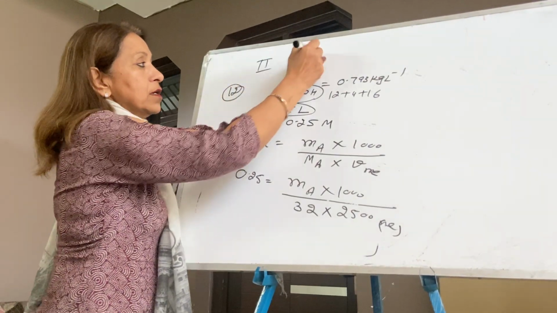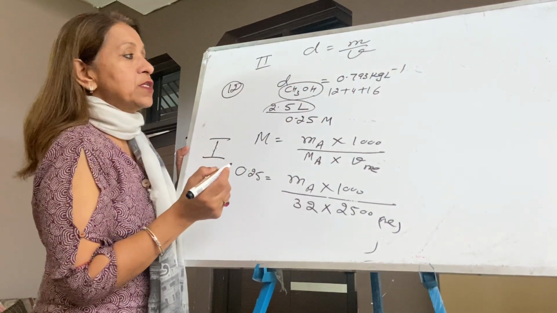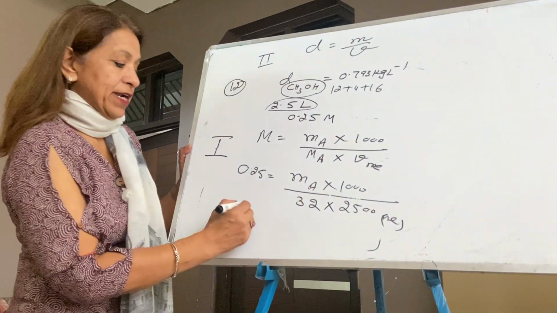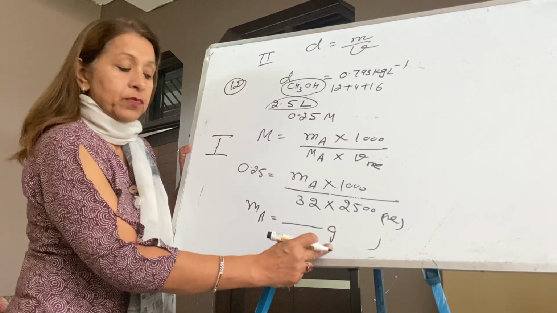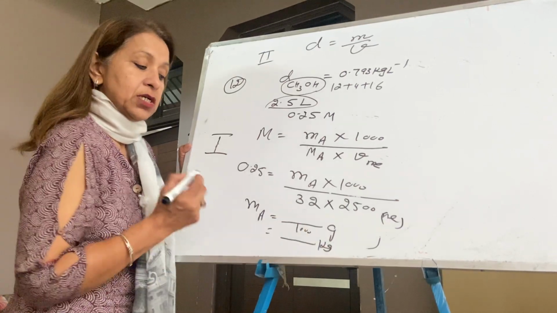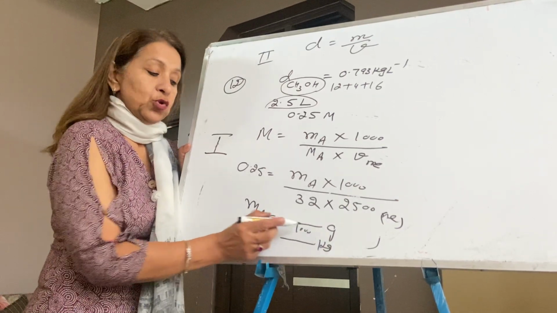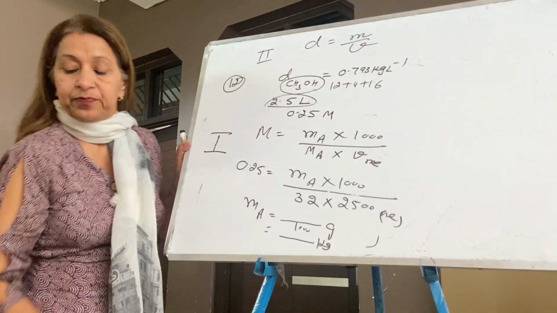Second part. Density is equal to mass by volume. Whatever mass comes here will be in gram. You convert it into kilogram by dividing by 1000, because the density is in kilogram.